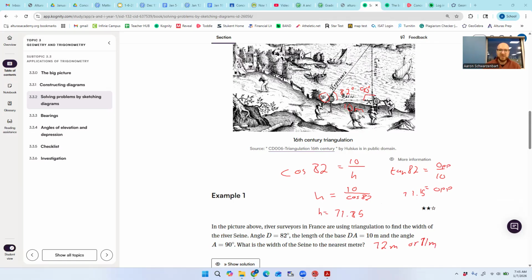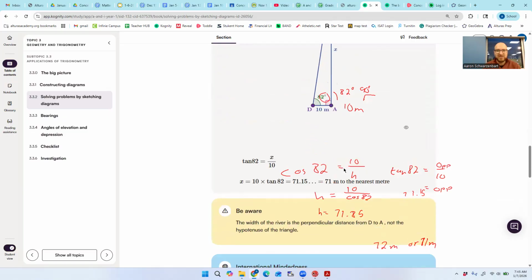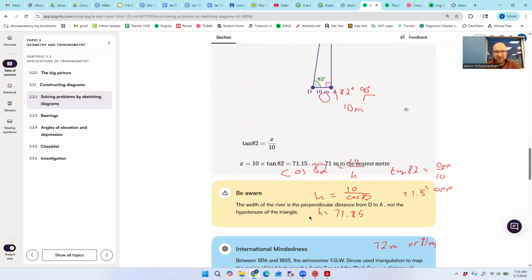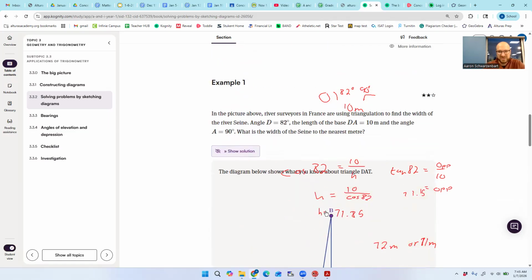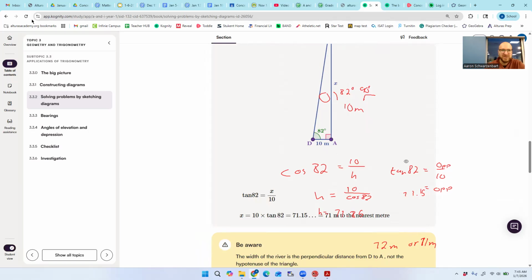I'm not sure which one they're asking for. So let's take a look at the answer. Okay, be aware the perpendicular distance is not the hypotenuse, it's the shortest distance. Okay, 71 meters, the width is whatever is the shortest. So 71 meters.